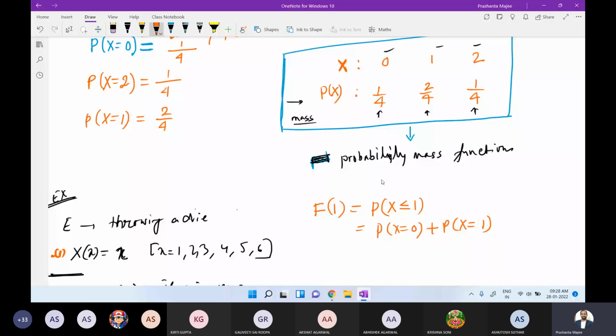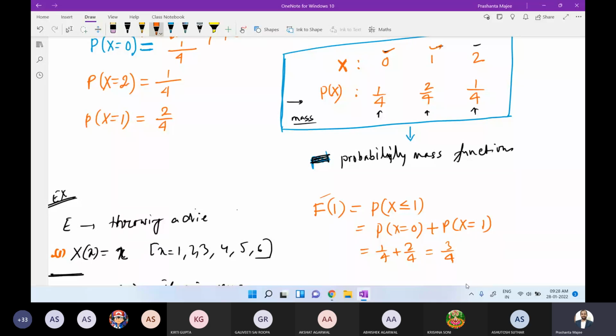In the current scenario, only the outcomes 0 and 1 are less than or equal to 1. So it will be 1 by 4 plus 2 by 4, which is 3 by 4. So this is F of 1.